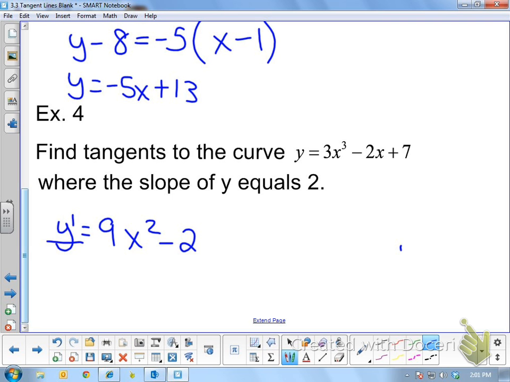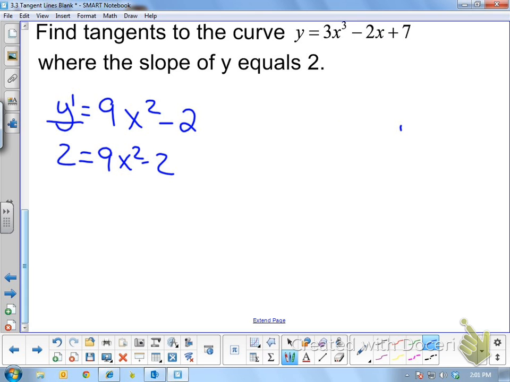We plug 2 in for y prime, not for x, because we know y prime is another term for slope. And then I could go solve for x. This one I don't even need to factor anything. I can just add 2 over, divide by 9, and square root it.